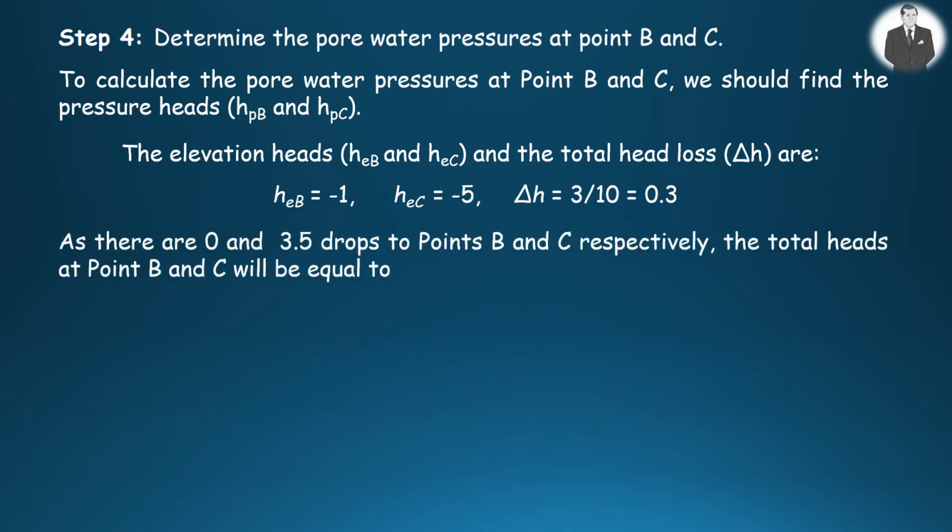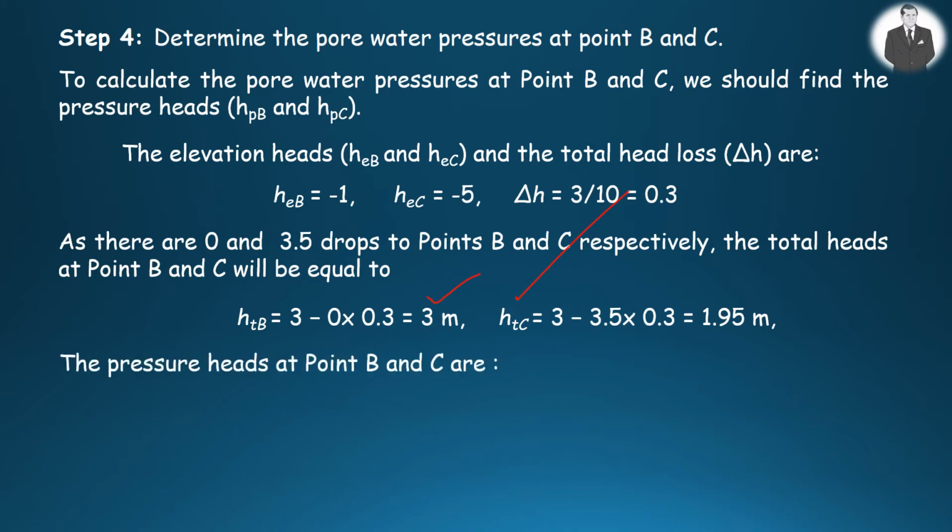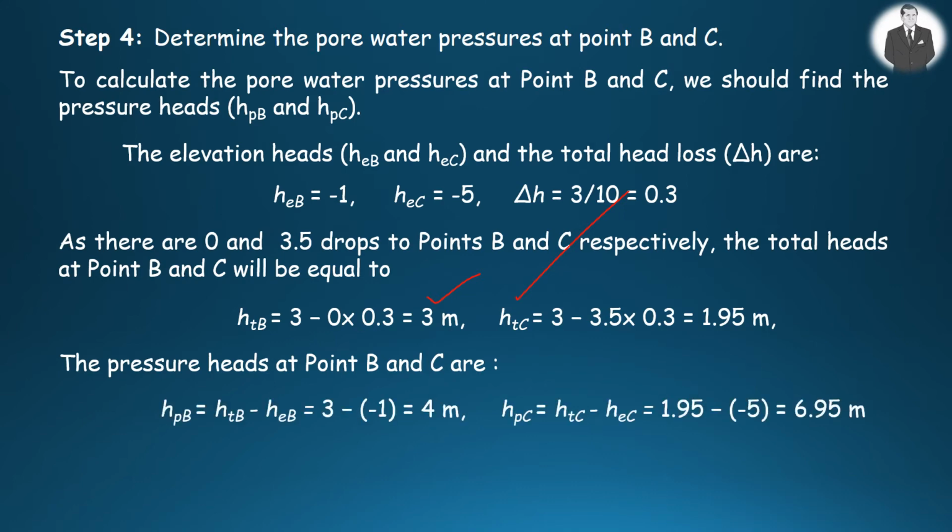Now then, as there are 0 and 3.5 drops to points B and C, the total heads at point B and C will be 3 meter and 1.95 meter as calculated here. Accordingly, the pressure heads at point B and C will be the difference between total heads and the elevation heads.